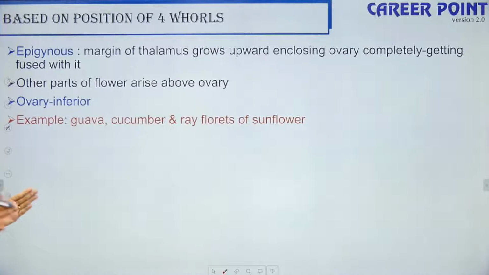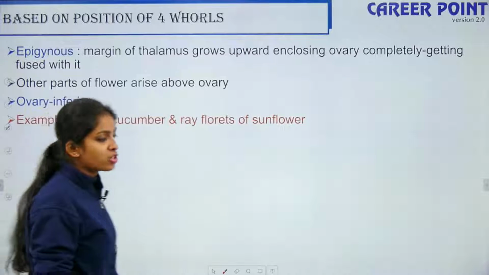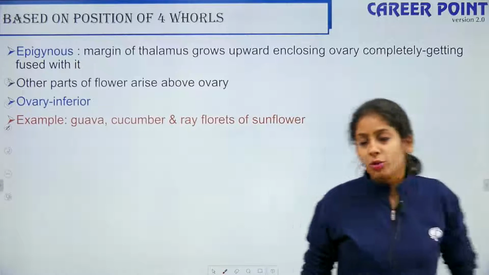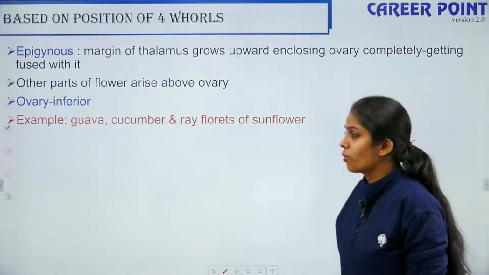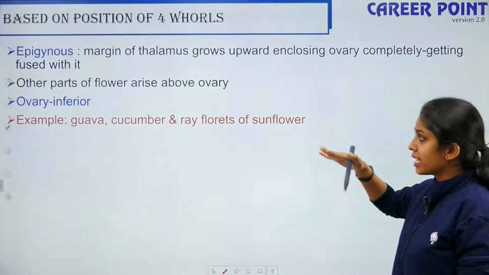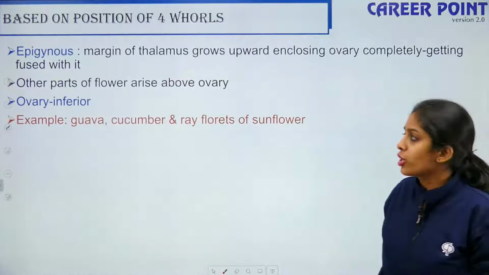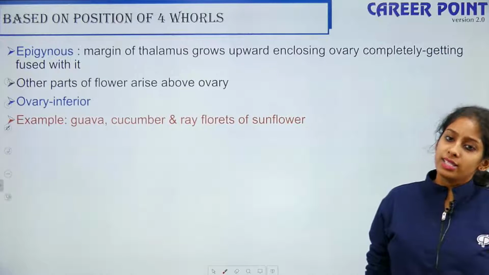You have small bunches of sunflower, right? That is the ray florets of sunflower. So remember CGS. This has an inferior ovary. Yes, the ovary is at the bottom. In epigynous, you will remember guava, cucumber, and sunflower.